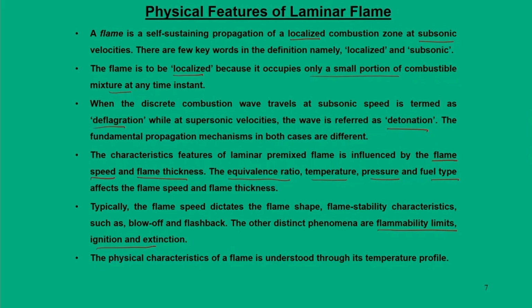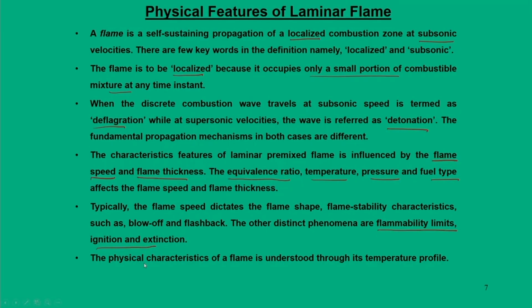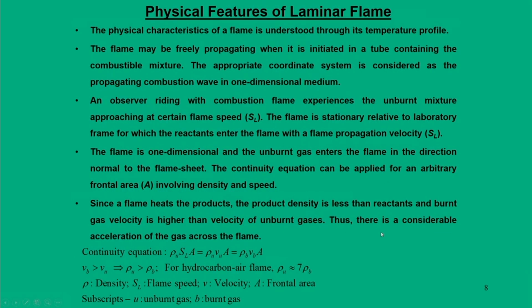All these things we are going to discuss for a laminar flame. Before that, let us understand the characteristic features of a flame, which is decided through its temperature profile. We will come back to the temperature profile later, but let us understand what should happen for a flame to exist.